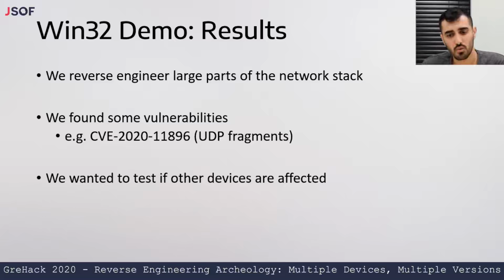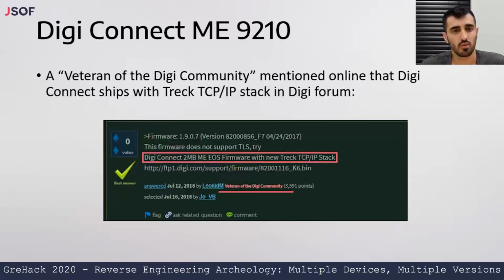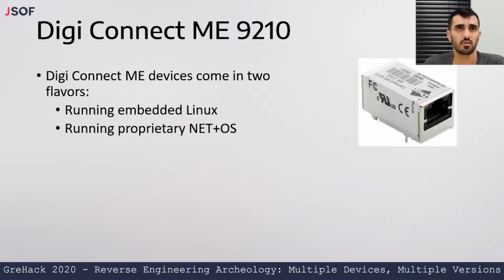So at this point we searched online for devices which run Treck, and we found this device of a company named Digi, and we simply found a message on an online forum that says that Digi Connect uses the Treck TCP/IP stack. So we decided to buy this Digi Connect device.